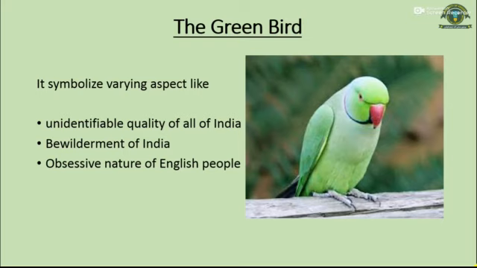So for Adela, it symbolizes the unidentifiable quality of all of India, that whenever she thinks she can understand any aspect of India, that aspect changes or disappears. In that sense the green bird symbolizes the muddle of India, the confusion, the bewilderment of India.